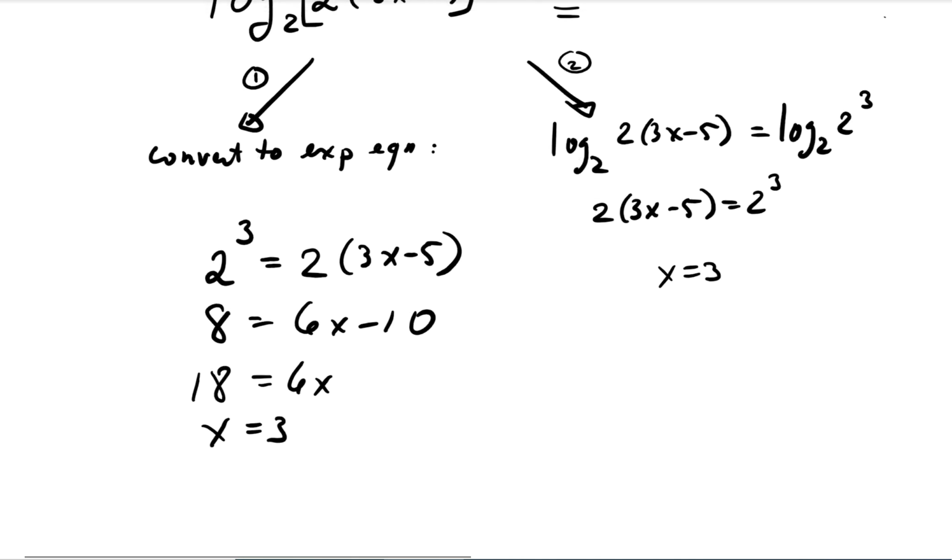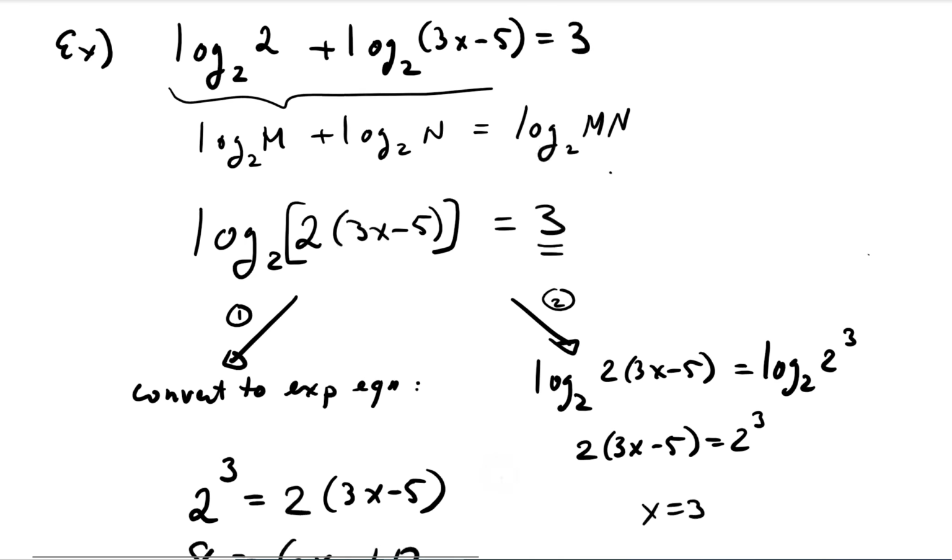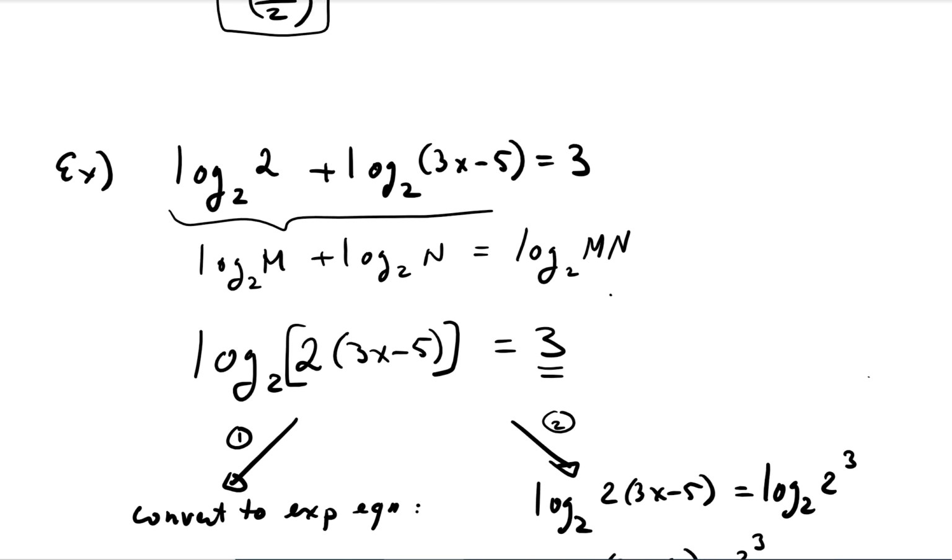Now for your solution, x equals 3, you just have to be careful because in your equation there are implicit restrictions. If you look at the left-hand side, there's a log of 3x minus 5. That's not always something you can evaluate, especially if 3x minus 5 is negative, because a logarithm has a domain. The domain of a log function is all numbers above 0.